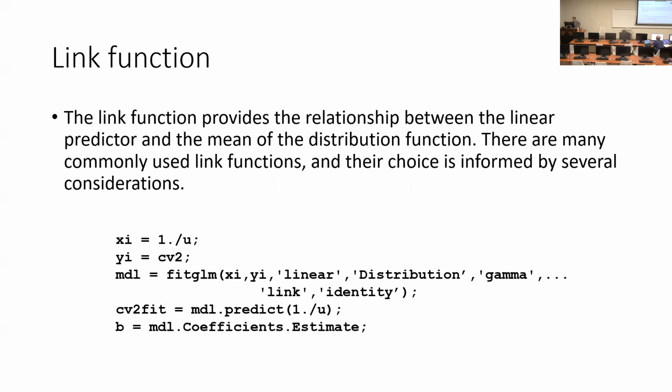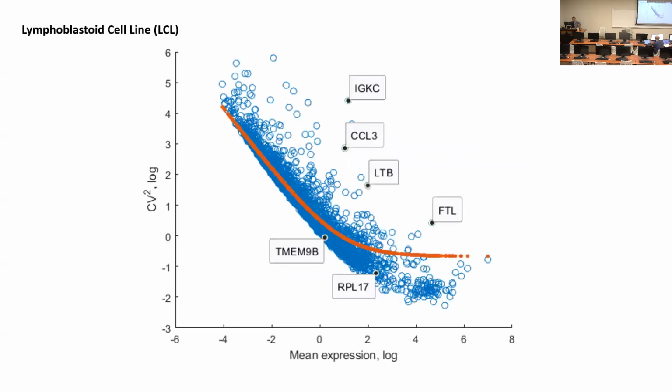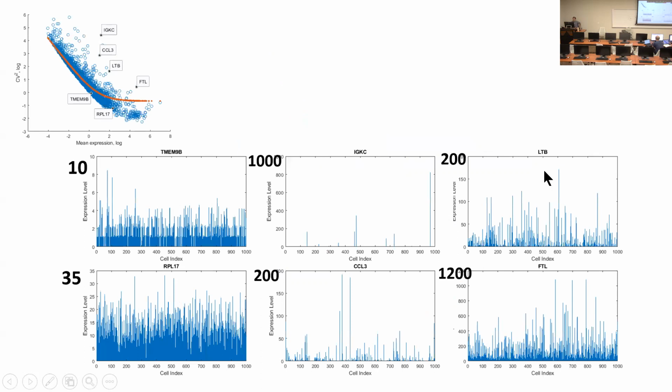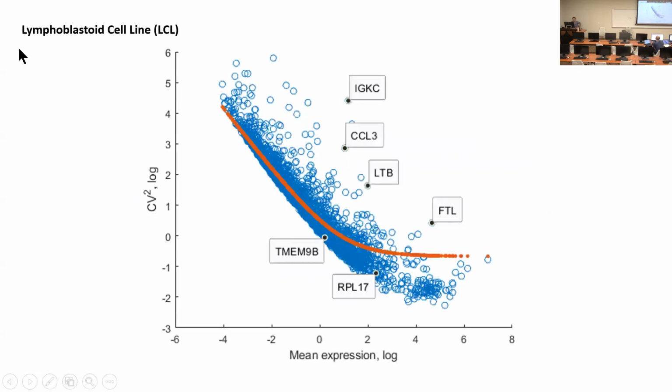Anyway, that's what's inside the nonlinear fitting, and you have a model that uses a link function. For the lymphoblastoid cell line, that's our real fitting with real data.